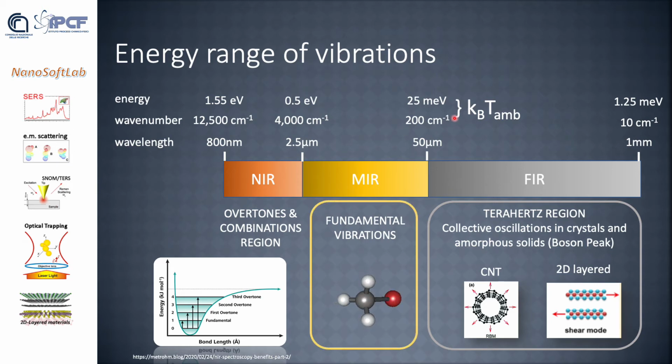When we move forward from 200 cm^-1 to 4000, we have all the fundamental vibrations. This range is called the mid-infrared. Furthermore, we have the so-called near-infrared between 2.5 microns and 800 nanometers, and here we have all the overtones and combinations. So instead of having one phonon mode, we have two vibrations, three vibrations at the same time.